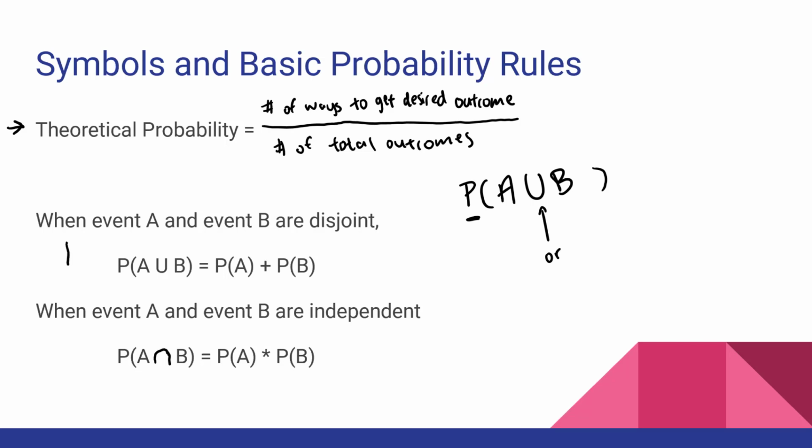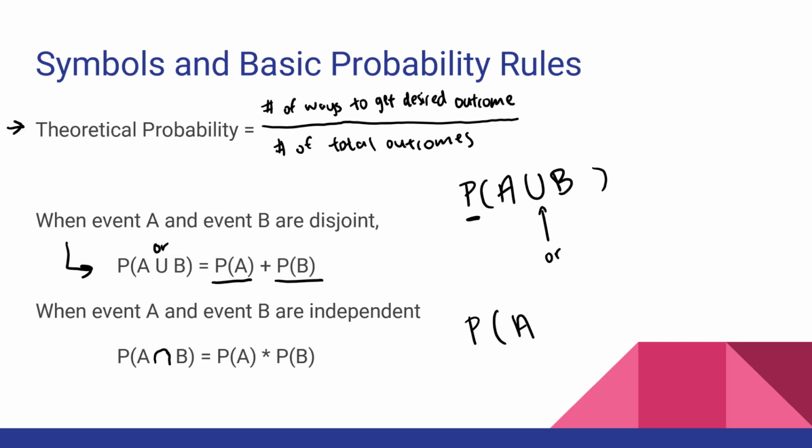Coming down here, we see that when events A and B are disjoint, then the probability of A or B occurring is equal to the probability of A plus the probability of B. So whenever you see your U for union, that means you have to add. Next we have another similar notation.